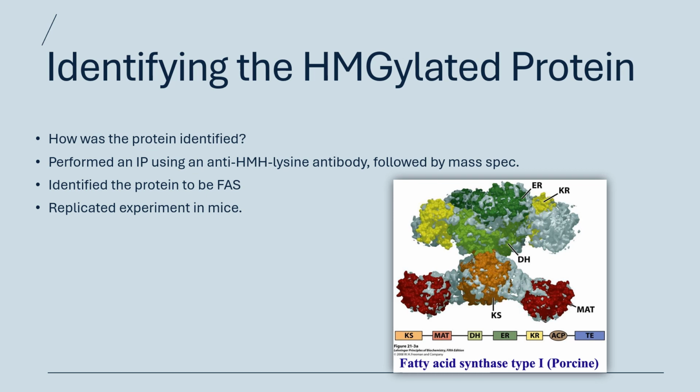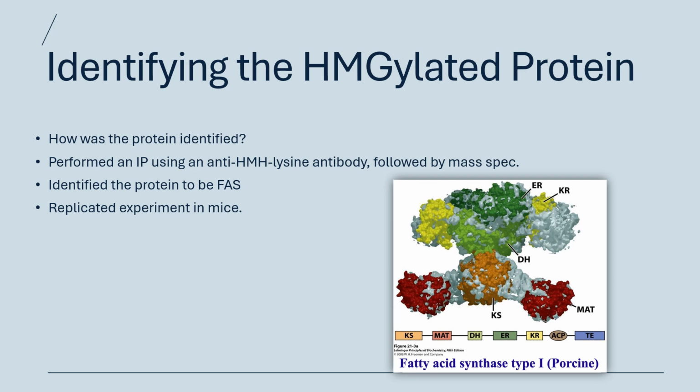So they performed a follow-up to discover this protein by performing an immunoprecipitation on statin-treated cell lysate using anti-HMG-lysine antibody followed by mass spec. And this revealed fatty acid synthase as the protein, which suggested a link between fatty acid and cholesterol biosynthesis.